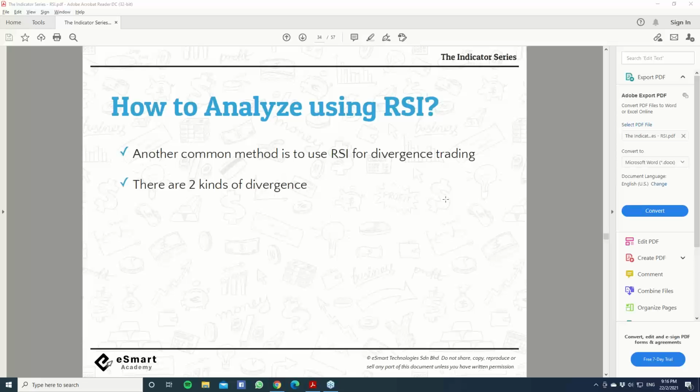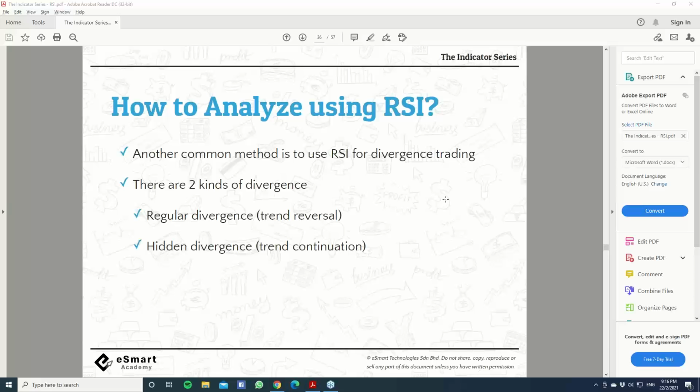So the concept of divergence over here, you need to understand there are typically two types. One is what we call regular divergence, that's to spot a trend reversal. And we have the hidden divergence, which is to identify a trend continuation potential. I'll walk you through these two types of divergence.